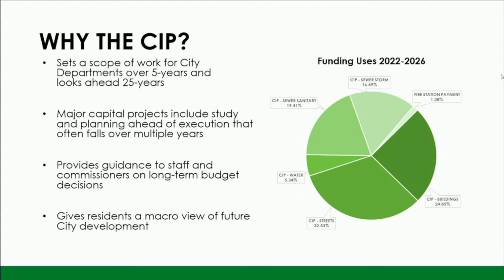You can see that our highest area of spending is street projects, followed by building projects, which includes the new fire station. These numbers are constantly changing as we adjust to more accurate project costs through the life cycle of a project, and naturally as the volatility of the market changes.